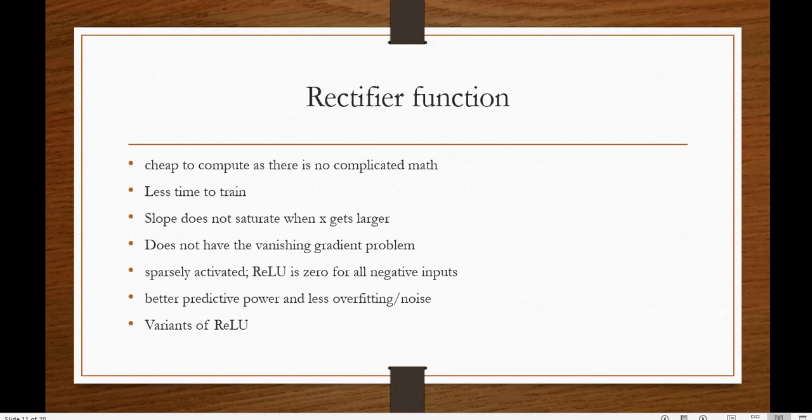Better predictive power and less overfitting. Now, what are we trying to say? When you have a lot of neurons and the signal is going from one neuron to another, it is not always required that the signal should be sent from all neurons to all possible neurons in the second layer. It should only send communication when it is relevant.